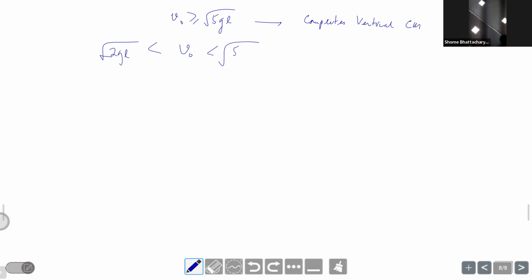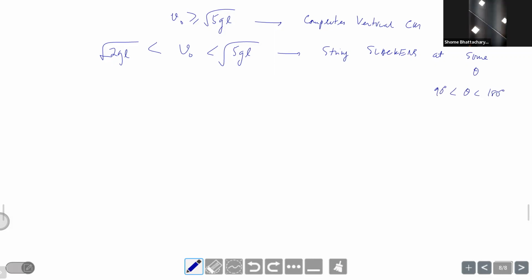So now we can see that V naught greater than equal to root 5GL completes the vertical circle. But if V naught is in that in between category, that is greater than root 2GL but less than root 5GL, then the string slackens at some theta less than 180 but greater than 90.